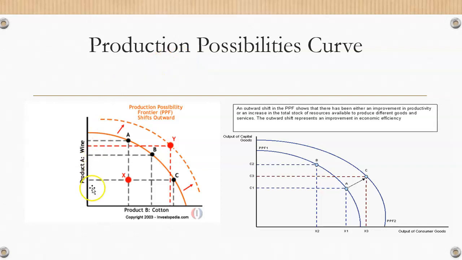Now, I want you to notice that the PPC always bows out. It looks like pregnant, doesn't it? It bows out. It also touches both axes. Why does it touch both axes? It touches both axes because it is possible to produce, for instance, in this nation, they produce wine and they produce cotton.